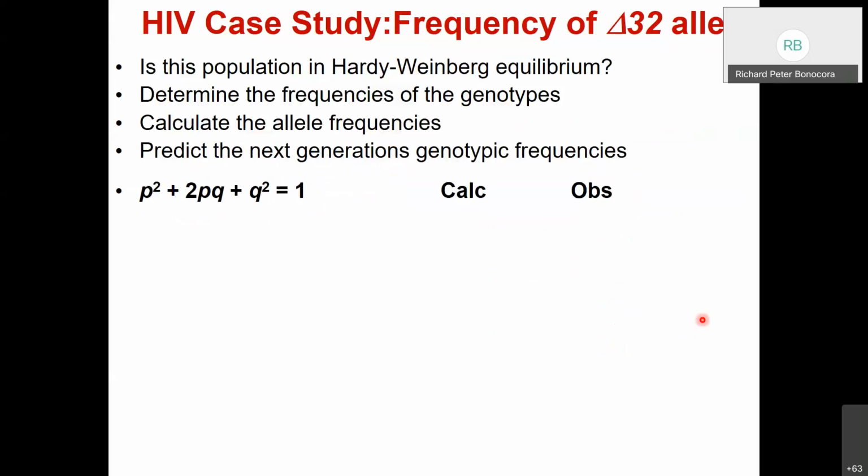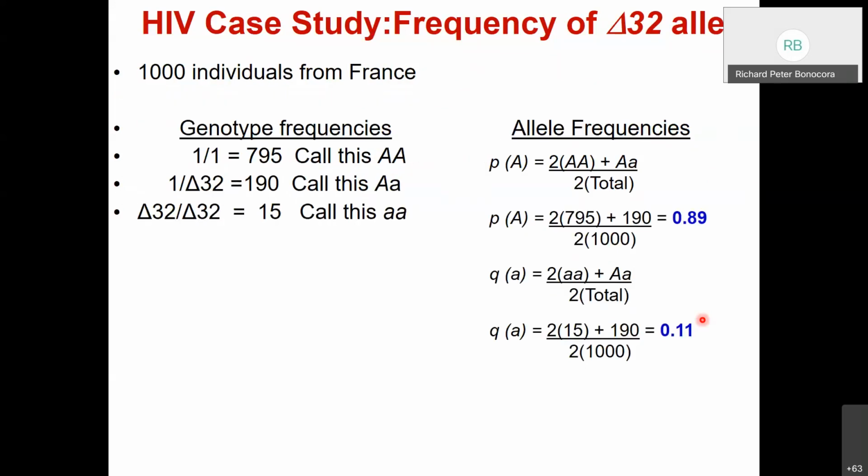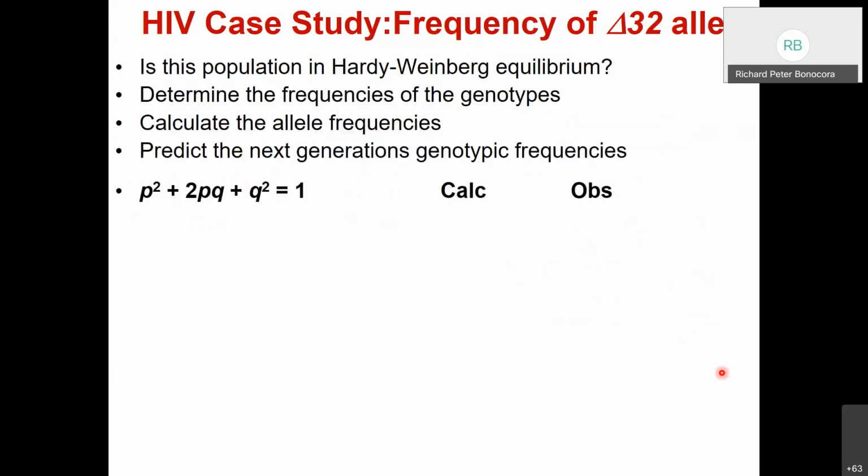Another question is, so we know the frequency of each allele, and then we can ask, is this population in Hardy-Weinberg equilibrium? So we determine the frequencies of the genotypes, we calculate the allelic frequencies and predict the next generation using the Hardy-Weinberg equation.